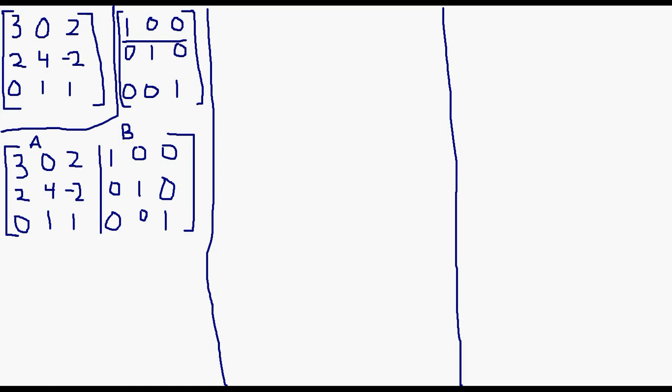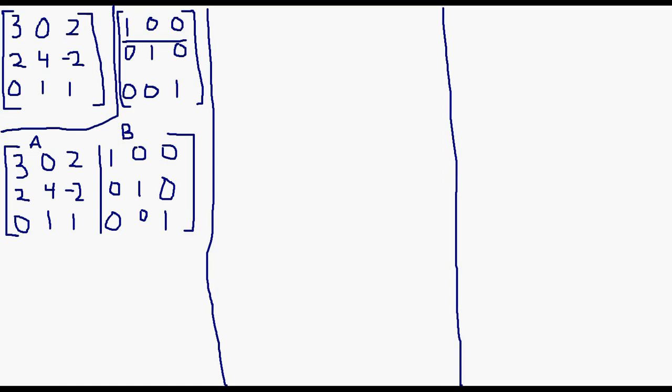Please explain it again. Okay, so we are looking for the inverse of this matrix. If you want to use the Gauss-Jordan method, we will augment it with its identity.